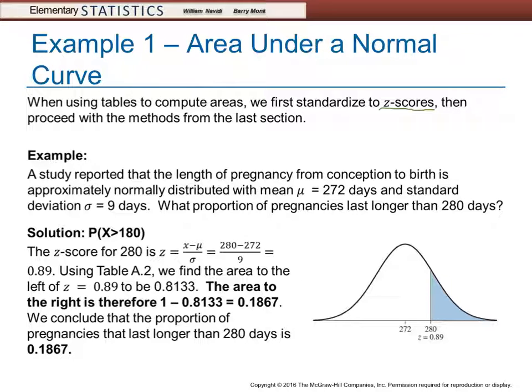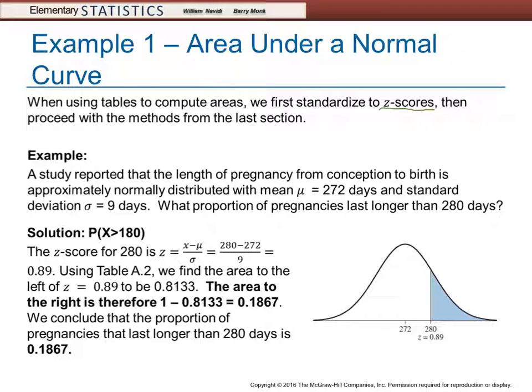So here's our first example. A study reported that the length of pregnancy from conception to birth is approximately normally distributed with a mean value of 272 days and a standard deviation of 9 days. We want to know what's the probability of a pregnancy lasting longer than 280 days.